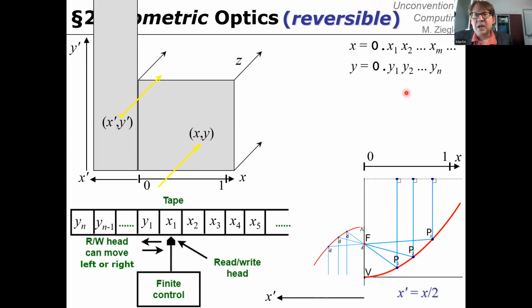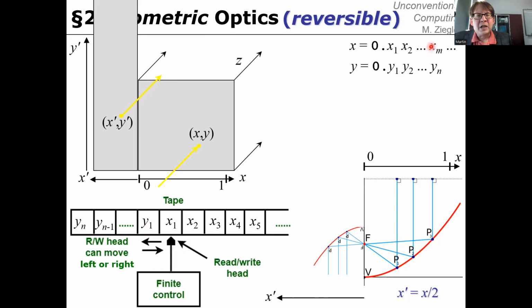And what does that mean? If we divide x by 2 and if we multiply y by 2, that means that the read-write head has moved, right? If we multiply y by 2, then that means shifting to the left. Shifting y to the left means that the read-write head has moved here. This is now closer to the read-write head.